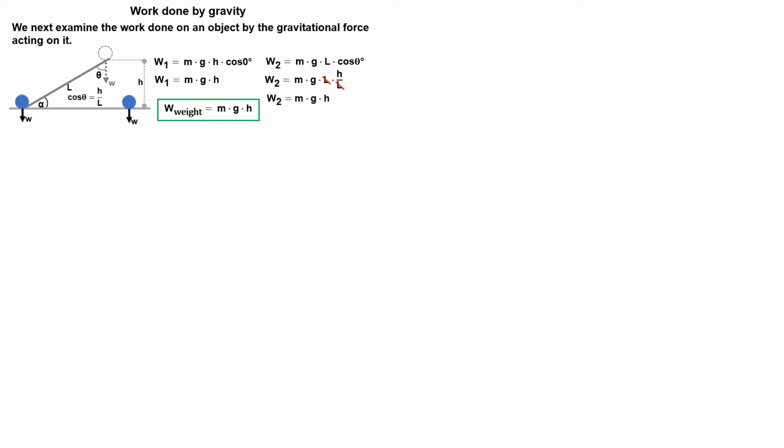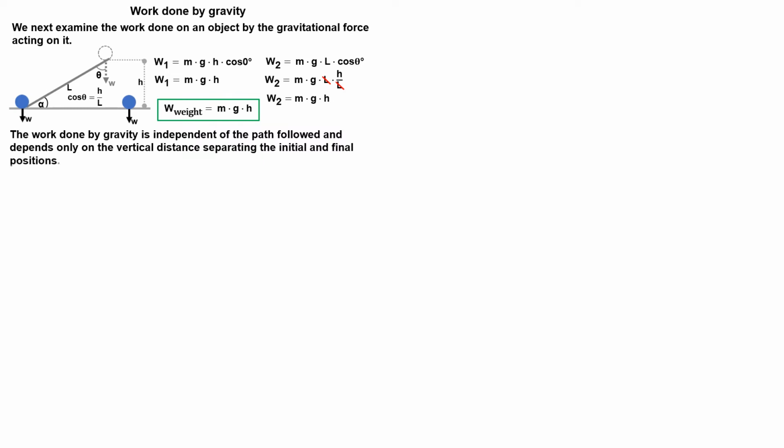Hence, the work depends on the height h, but not on the distance. This means that the work done by gravity is independent of the path followed and depends only on the vertical distance separating the initial and final positions.